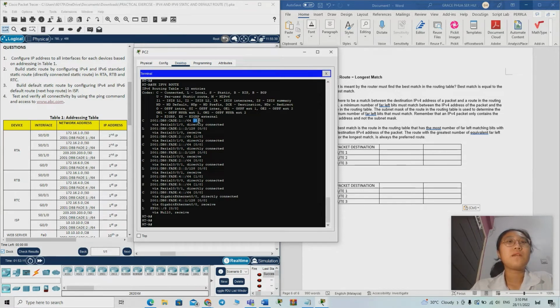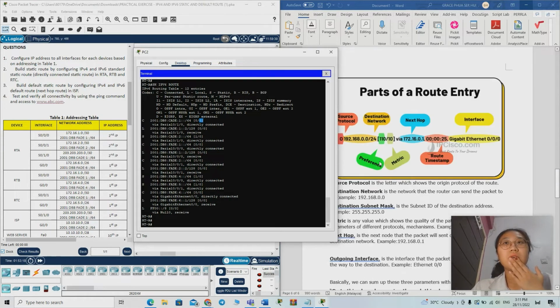Here is the administrative preference, and here is the metric. Here is the administrative preference, and here is the metric, and here is the next hop. Oh, it's interface, sorry, it's not next hop.